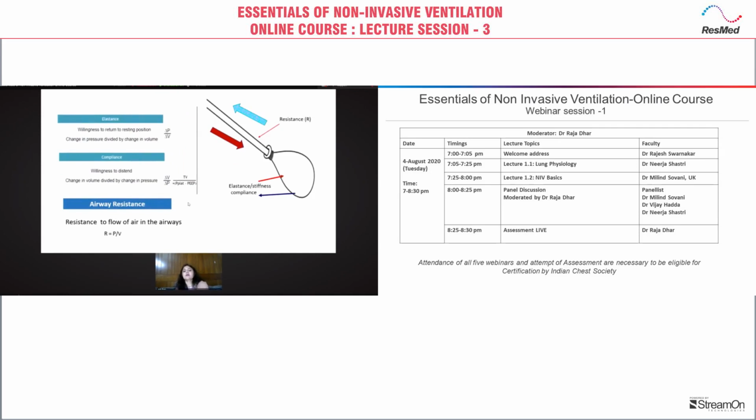This is the resistance of the airway, which will try to decrease the airflow, and this is elastance. The more elasticity in the lungs, like in interstitial lung diseases, the lung will try to collapse. Compliance is the opposite: the less elastic, the more the expansion.